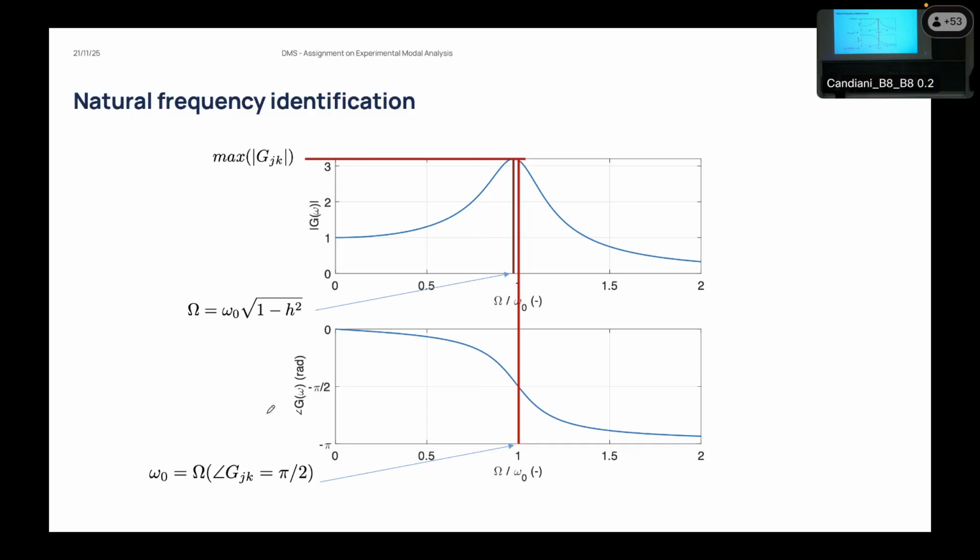So if I have the frequency response function and I'm focusing on the neighborhood of a resonant frequency, the location of the peak is representative of the natural frequency of the system. The phase that is crossing pi over 2 is representative of the natural frequency of the system.